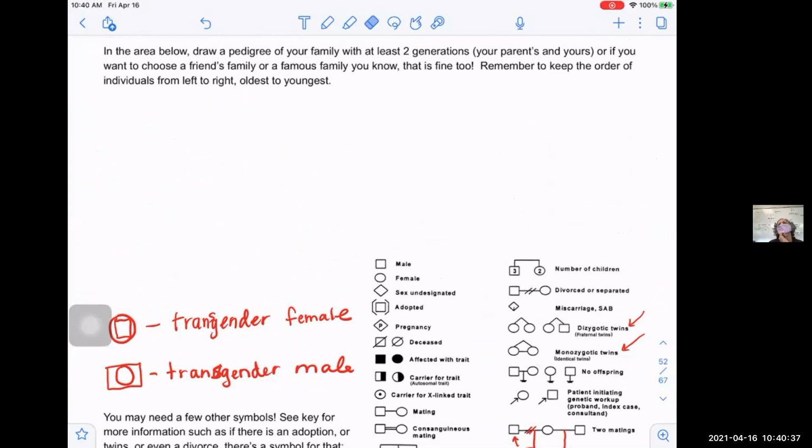Oh boy. I'm just trying to think of how to draw it, because that means his dad married his sister. Josiah, let's work it out during the work time, okay?